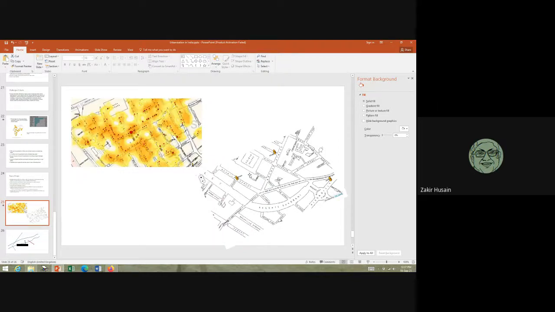So John Snow mapped the deaths along with the water pumps, and he found that there's a water pump over here. There should be another water pump over here, this part. It's not very clear from this. That's why I kept both the maps. What he found was that near the water pumps, you were having a large number of deaths.